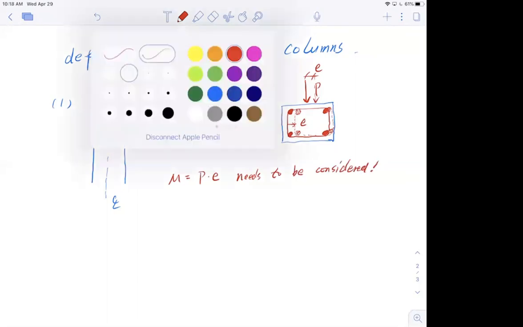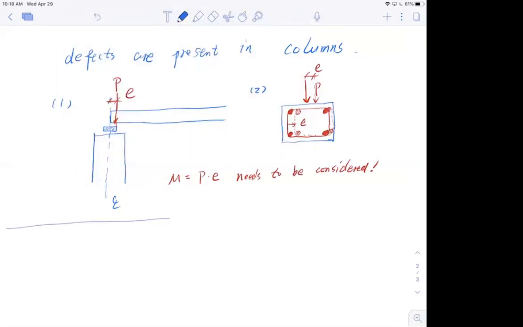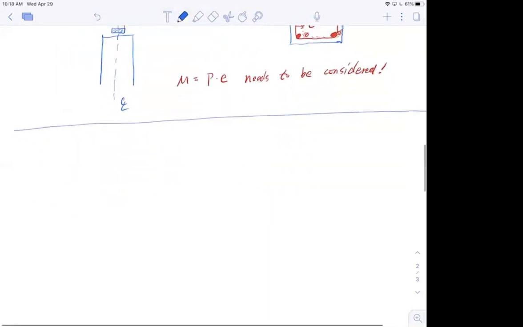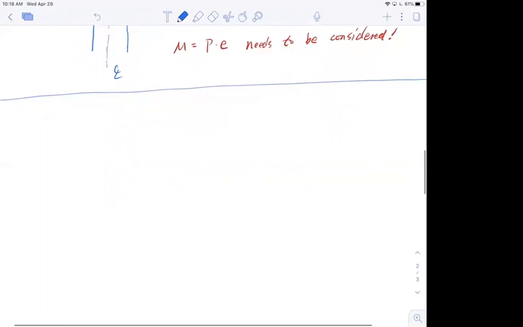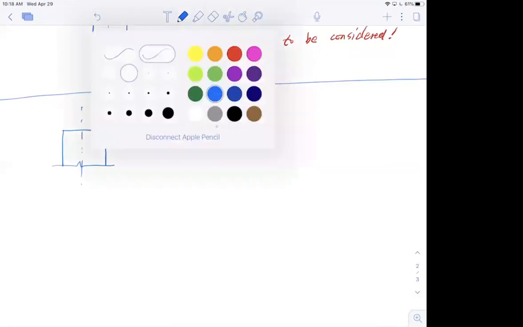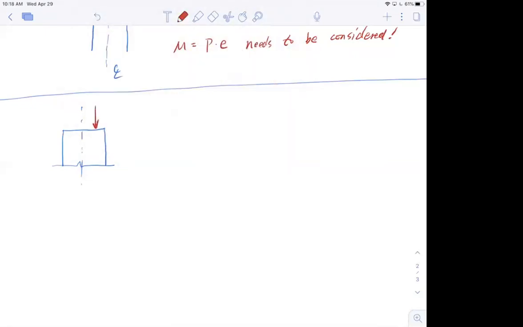Okay, so if this is the case, let's do another drawing here to show the eccentricity. I have a column as shown before. Before, I just had a compression force. Now supposedly this is the center line of the column, and I'm only showing the top part of it. Now I have a force not exerting in the center, but exerting here with an eccentricity of e.